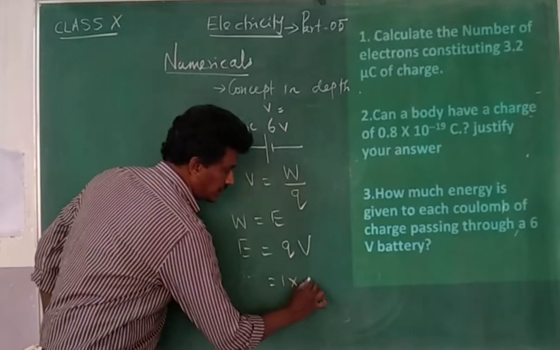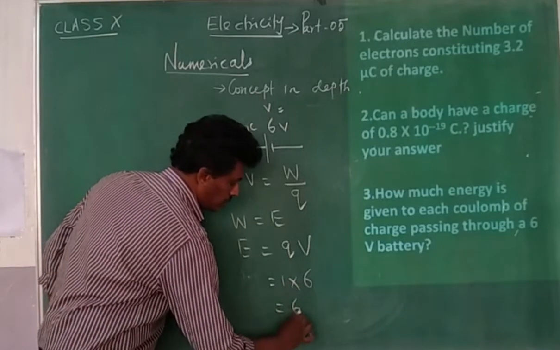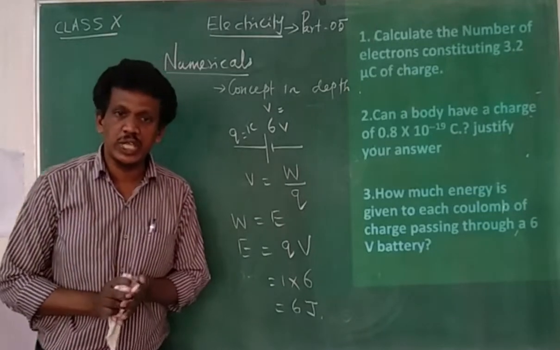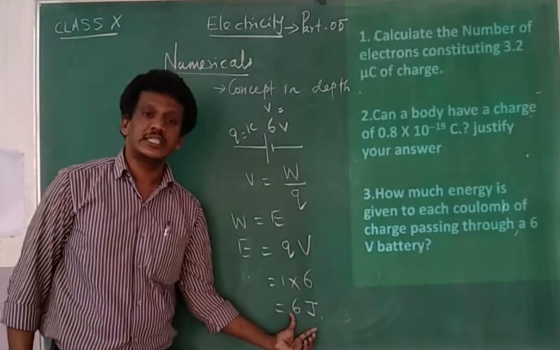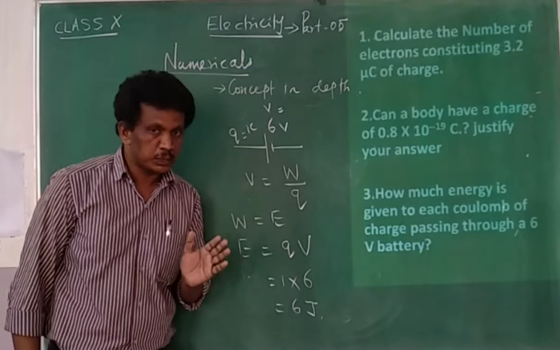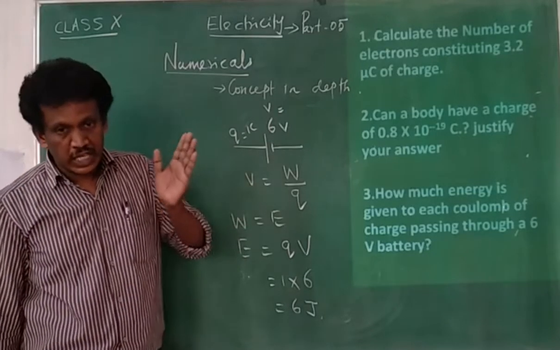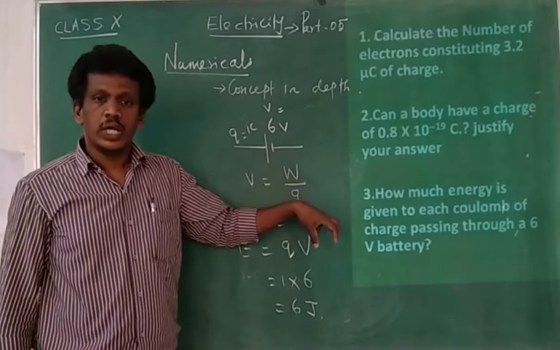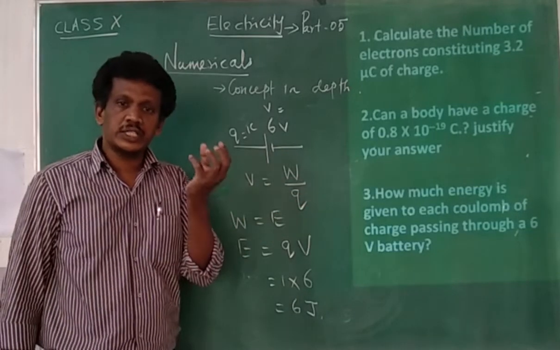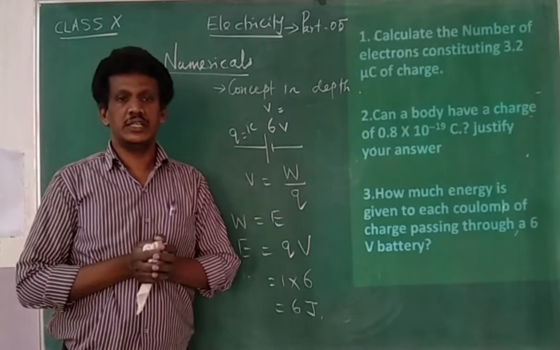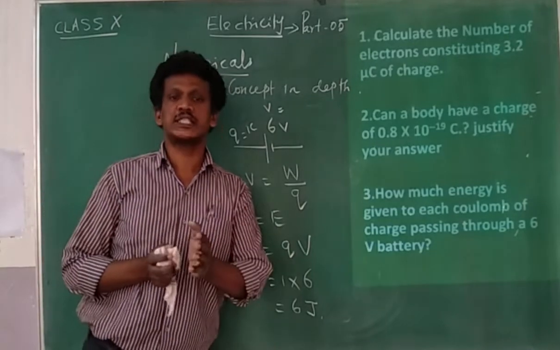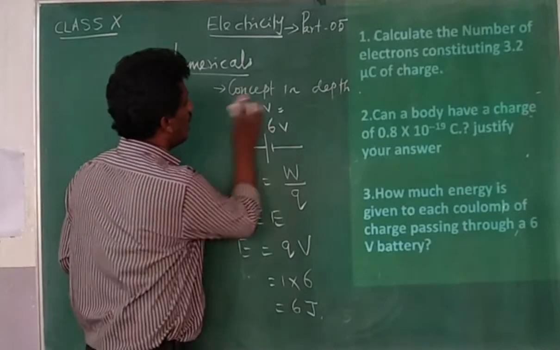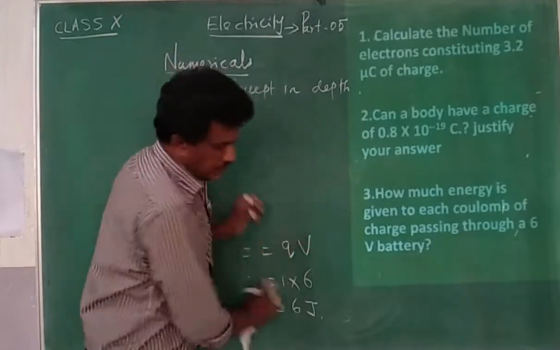So E equals 6 joule. How much energy is given to each coulomb of charge? 6 joule. The chemical cell is doing the work, and that energy is given to the electric charge, at the expense of the chemical energy stored in the battery.